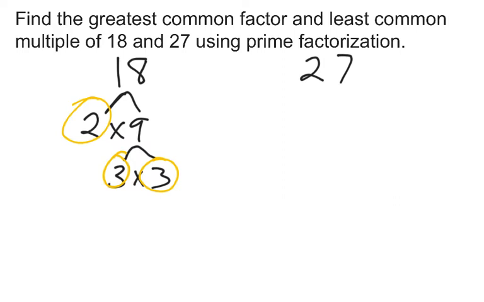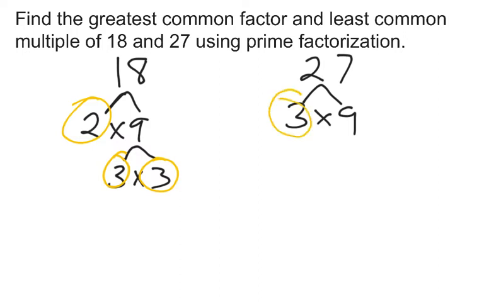And if you want to rewrite your prime factorization to the side, that's fine. But when you have to look at both greatest common factor and least common multiple, sometimes it's better to keep it on the tree so you have that visual to refer back to. So 27, we of course know 2 plus 7 is 9, so 3 times 9 is 27.